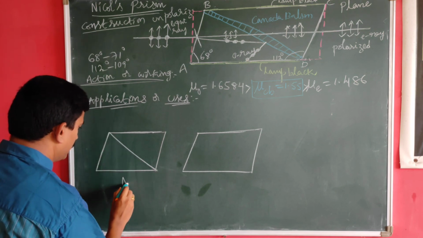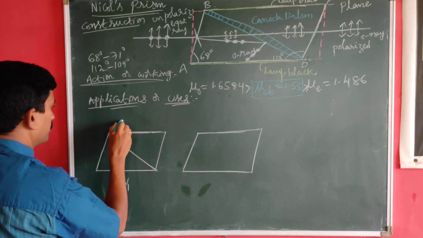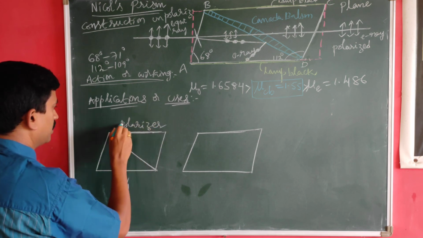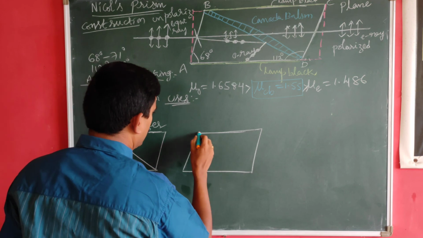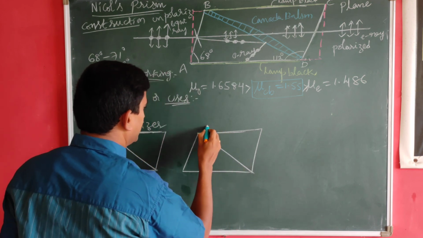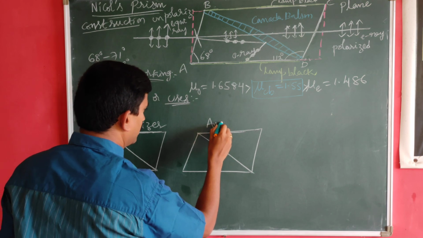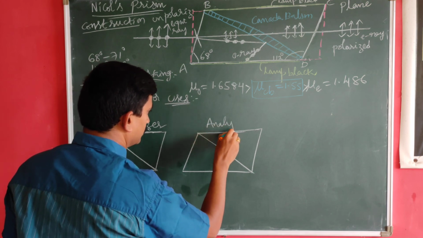This is the first nickel prism, used for producing the polarized light. We call it the polarizer. And the second nickel prism is used for analyzing the polarized light. Hence, we call it the analyzer.